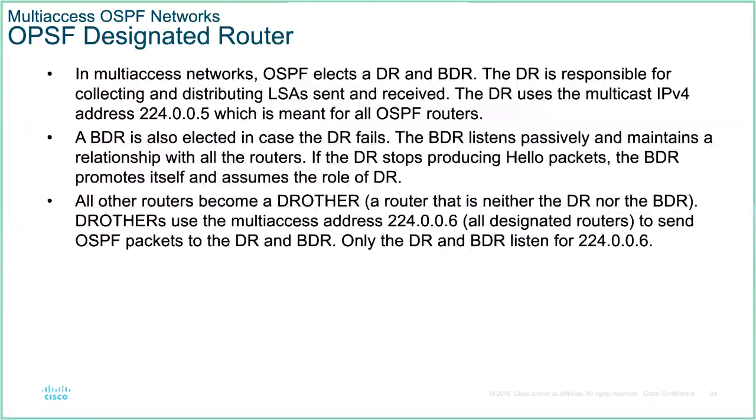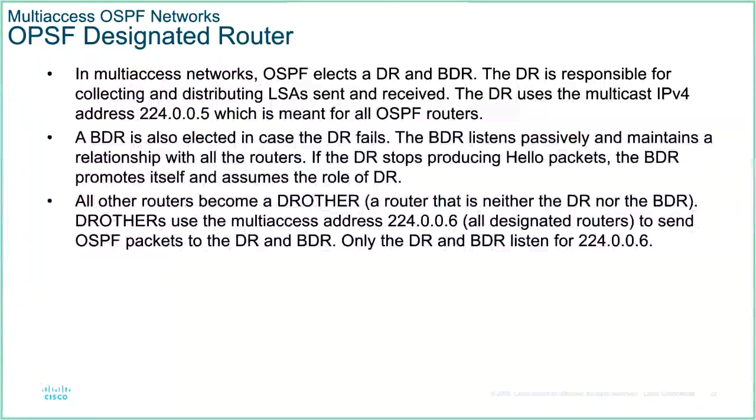So basically, if it hasn't heard from the designated router, it assumes it's failed and will take over that role. You will then have another election to elect the next backup designated router.